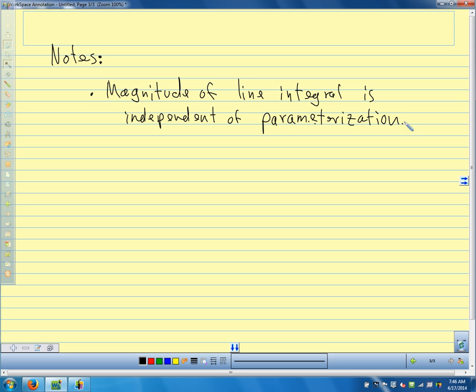For a scalar line integral, nothing will change. We said we could interpret the scalar line integral as the area of a fence, that lateral surface area, or as a mass of a wire. That mass isn't going to change if we integrate in one direction versus the other direction.